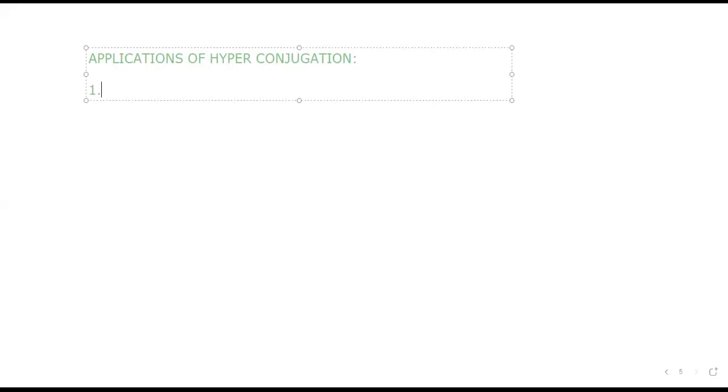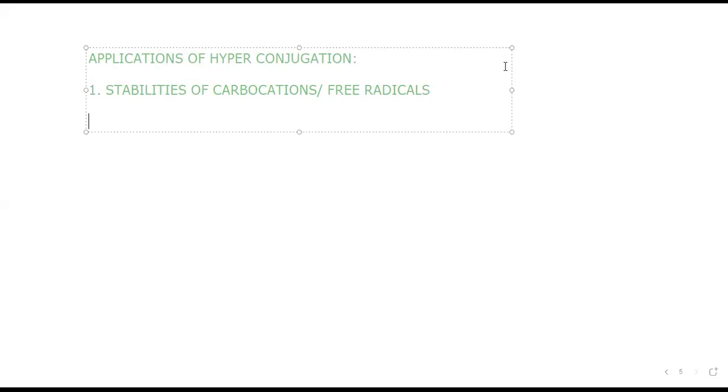I will try to explain the two important things which are required from the exam point of view, even for competitive exams. First, stabilities of carbocations. Carbocation stability is similar to free radical stability in terms of hyperconjugation. And one more is stabilities of alkenes. Alkene stabilities can also be explained based on hyperconjugation.